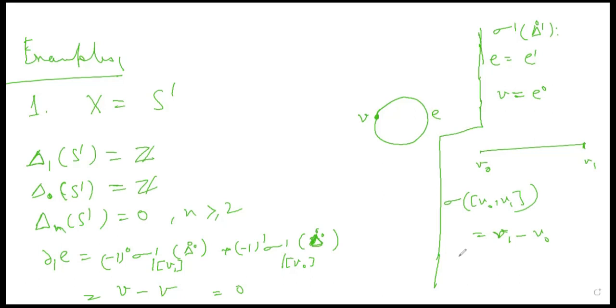Similarly, if you have a 2-simplex, sigma applied over V naught V1 V2, then you remove V naught and have V1 V2; then you remove V1 with minus 1 to the power 1, giving minus V naught V2; then you remove V2 and have plus V naught V1, right? So this is this.